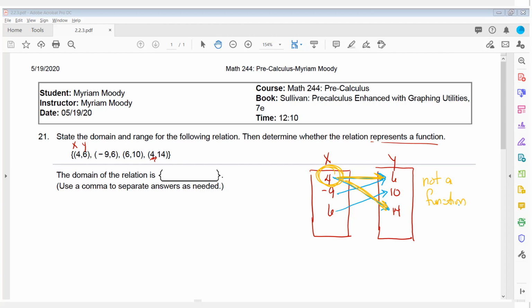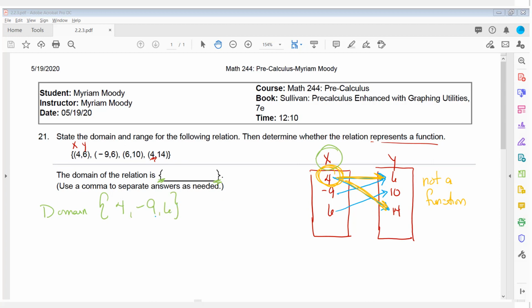Now, let's look at the domain and let's look at the range. Now, when they're asking for the domain, they want it in set notation. See the little braces here? So the domain would be the numbers 4, and you have it listed, don't you? -9 and 6.